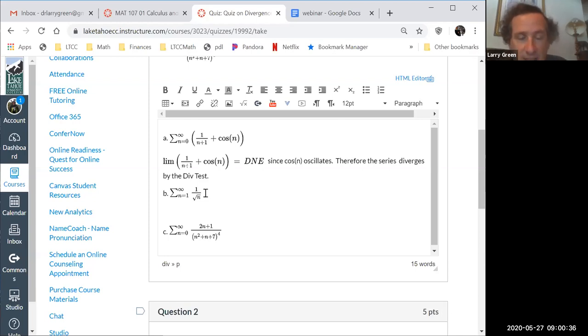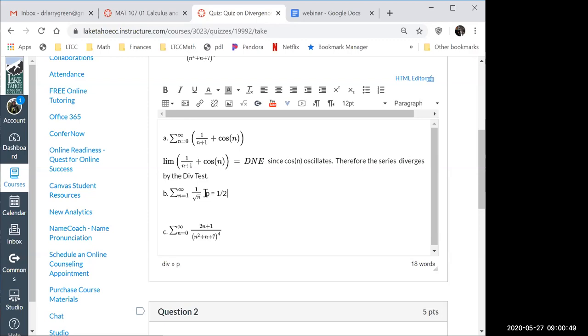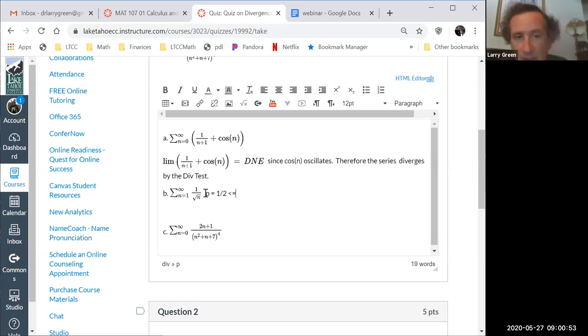So notice that p is equal to 1/2. What's important about the number 1/2? It's less than or equal to 1. So by the p-series test, what can we say about the series? It's divergent.